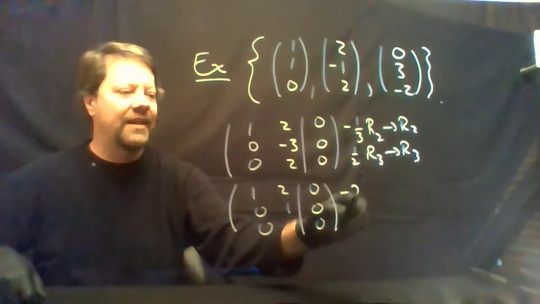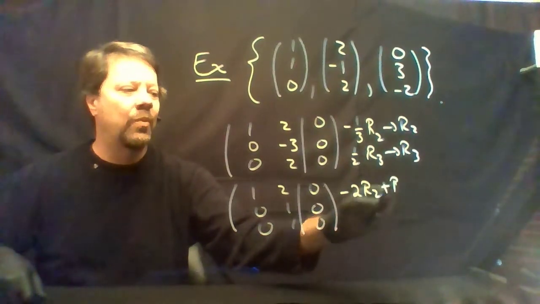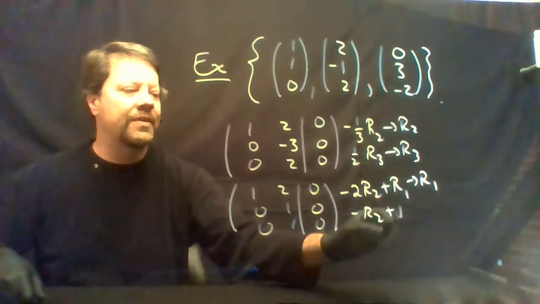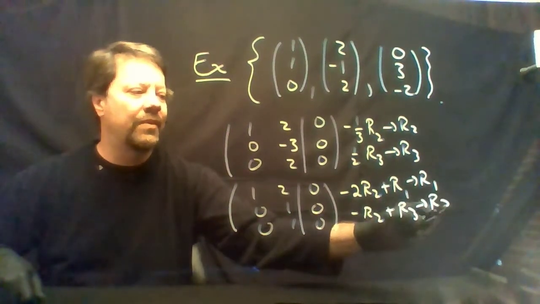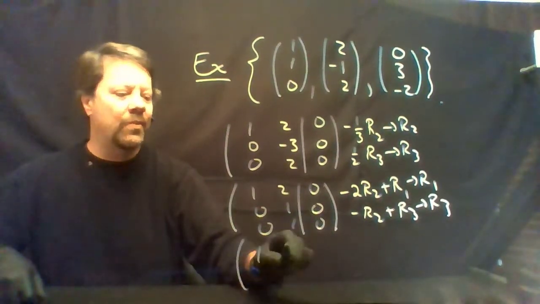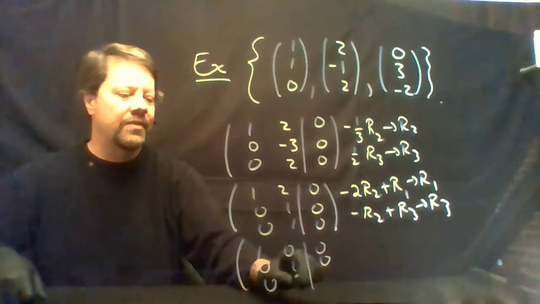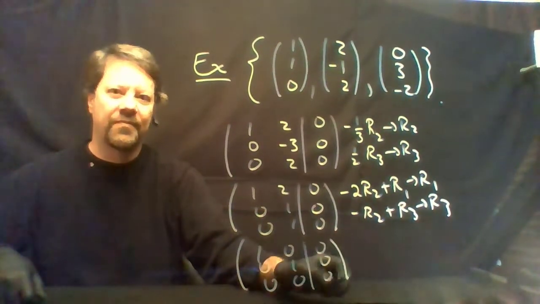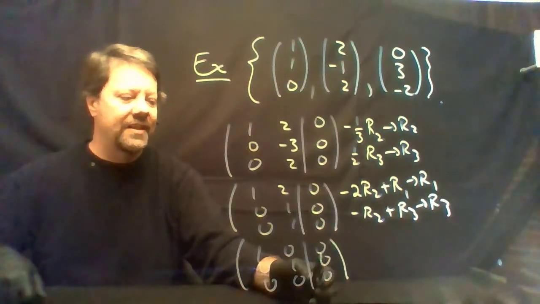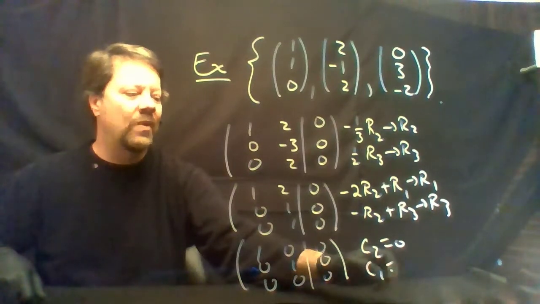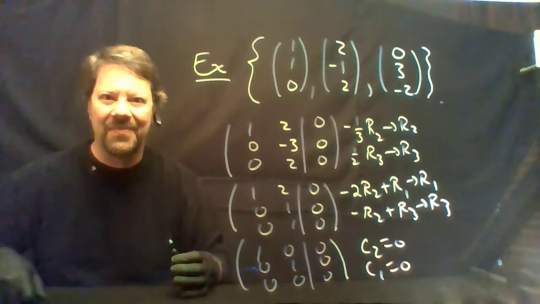We can take negative 2 times row 2 plus row 1 yields a new row 1, and negative row 2 plus row 3 yields a new row 3. This gives us 1, 0, 0, 0, 1, 0, 0, 0, 0. We have C2 equals 0 and C1 equals 0.